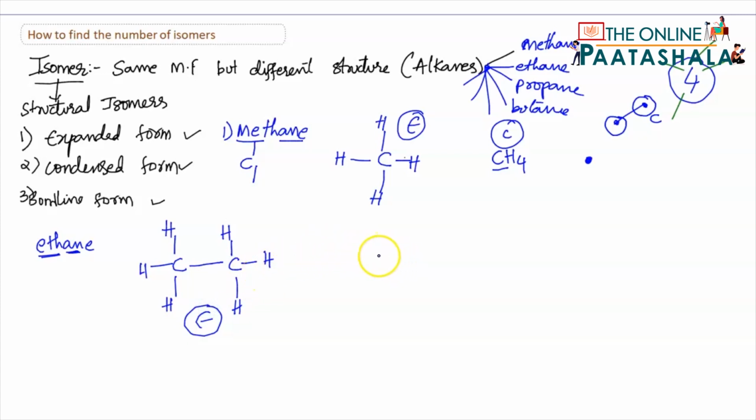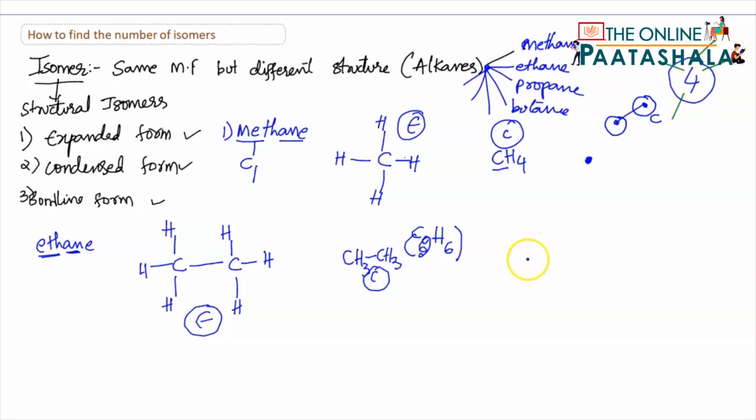Next is the condensed form, so you are condensing the structure. We write CH3, CH3, or you can write it as C2H6. This is the condensed form. What will be the line form?